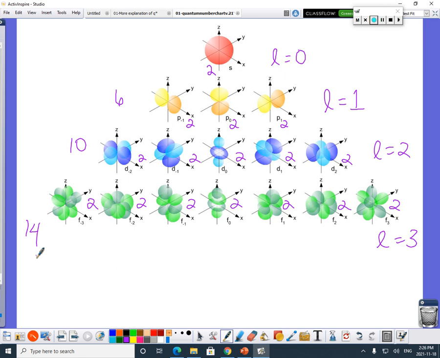Oh, 6. What's next in here? I bet you it's 10. 1, 2, 3, 4, 5, 6, 7, 8, 9, 10. Without counting down here, how many do you think there are? 14. 1, 2, 3, 4, 5, 6, 7, 8, 9, 10, 11, 12, 13, 14.